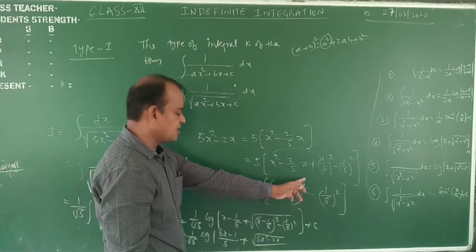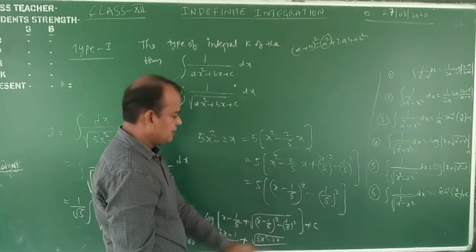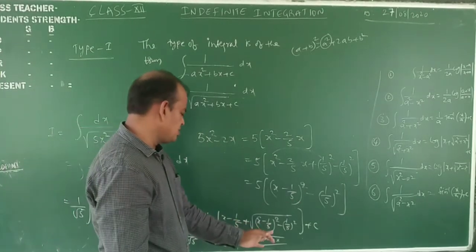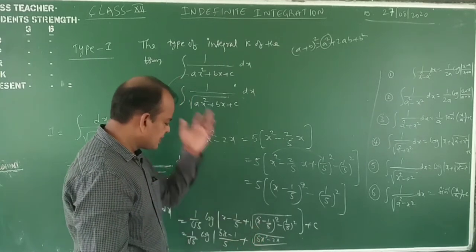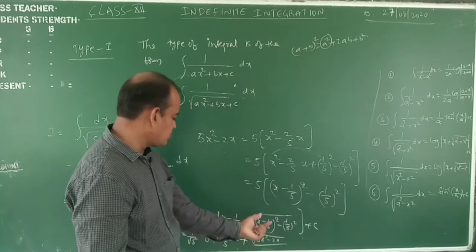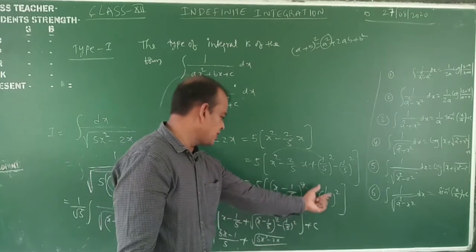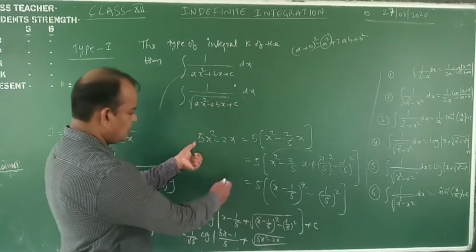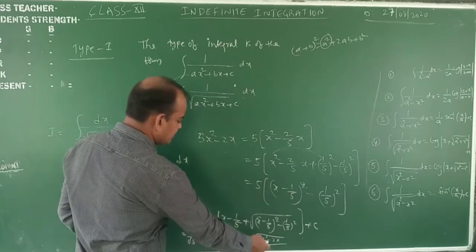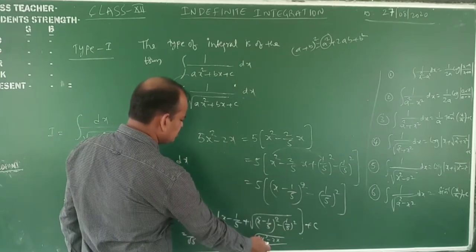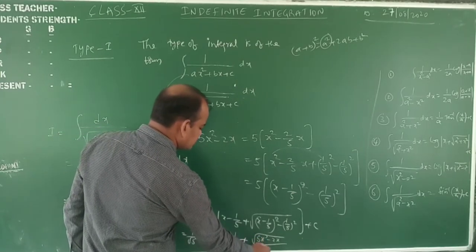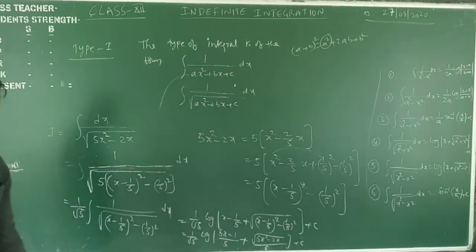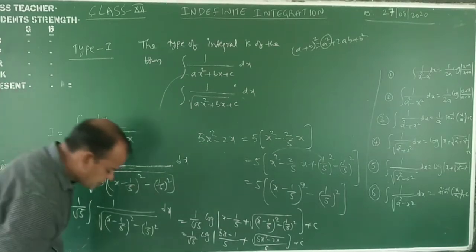Here 5 is there. For suppose we calculate this one, x minus 1 by 5 whole square minus 1 by 5 whole square, this side is 5. We will take the root here, compulsory, plus c. Okay, next step.